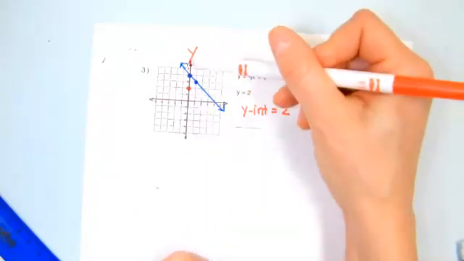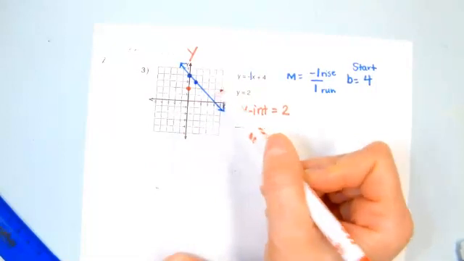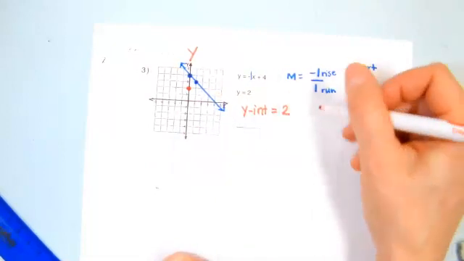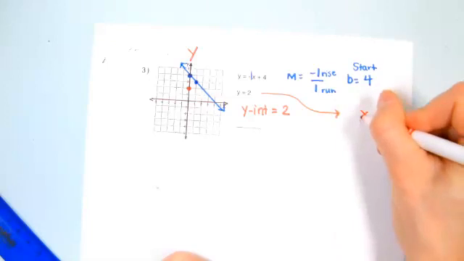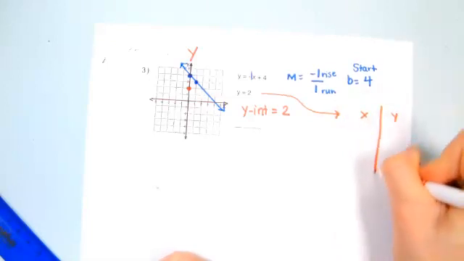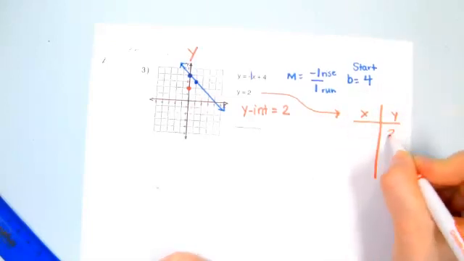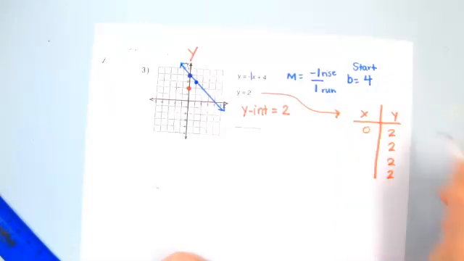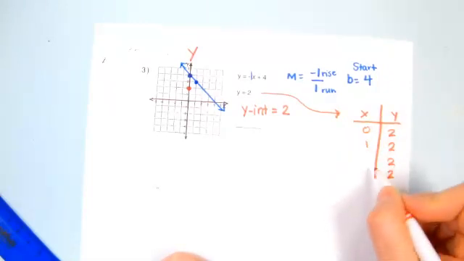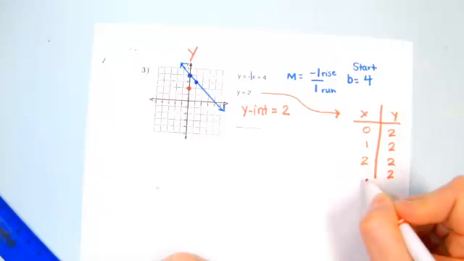Now, do I draw it vertically or horizontally? I draw it horizontally, because what this really means is that if I were to make an old school XY table, all the y values are 2 no matter what. That means if x is 0, y is 2. If x is 1, y is 2. If x is 2, y is 2, right?